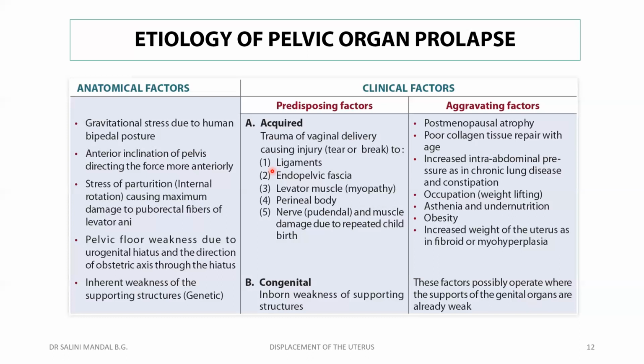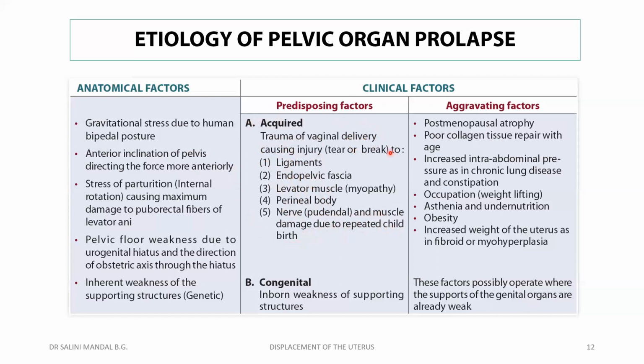Now, we are going to talk only about the trauma of vaginal delivery. Here we have mentioned a few points. So trauma of vaginal delivery causes injury, that is tear or break, to the ligaments, endopelvic fascia, levator muscles, perineal body, nerve, that is the pudendal nerve, and muscles, with damage due to repeated childbirth.